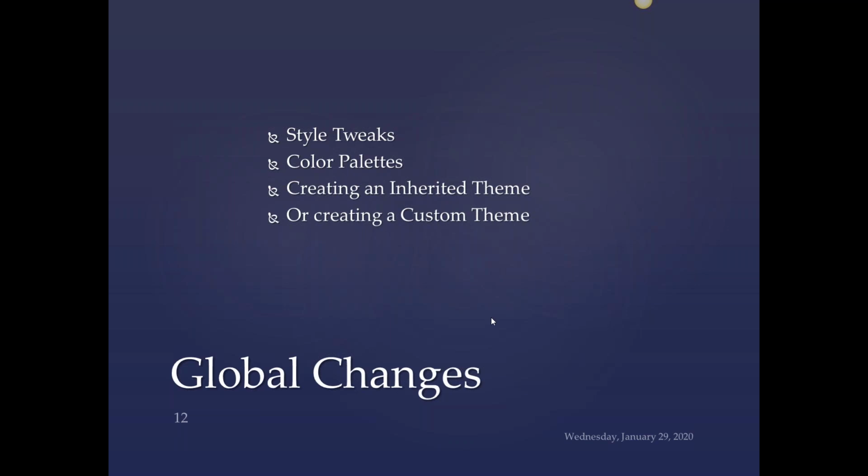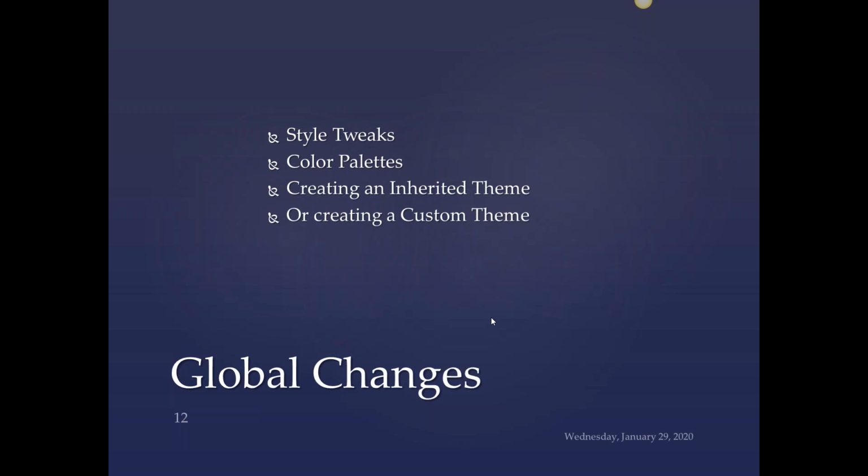So you have style tweaks, which will tweak the base theme that you've chosen. So if you're using Alpha and you create a style tweak to change all of your buttons to have a border, all of your buttons in the entire application will use that style tweak, no matter what UX component or grid that you're using.